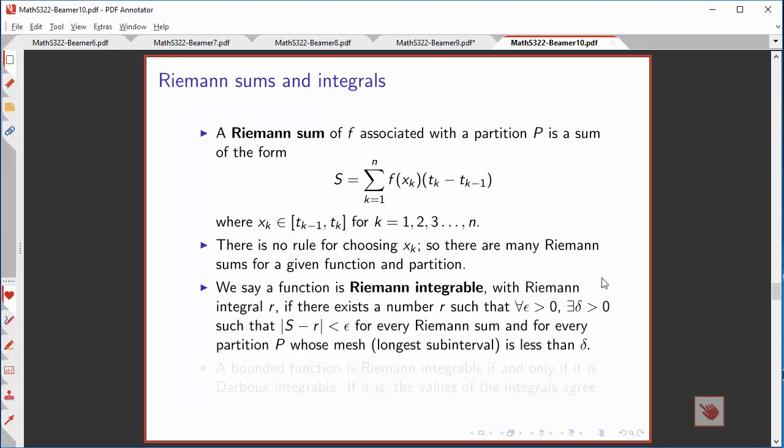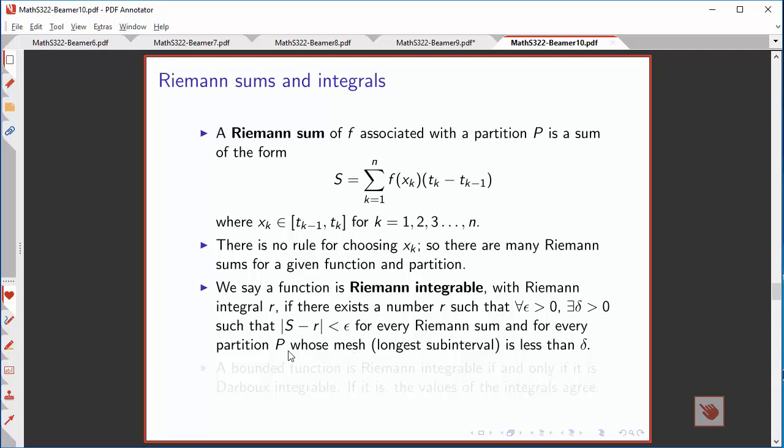Now we can say that a function is Riemann integrable, and the value of that Riemann integral is little r, if there exists such a little r with the following property. I challenge you with some positive epsilon. You come back and respond to my challenge with a positive quantity delta that has the following property.